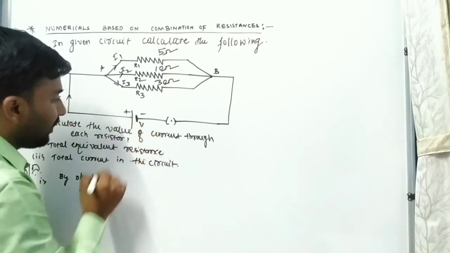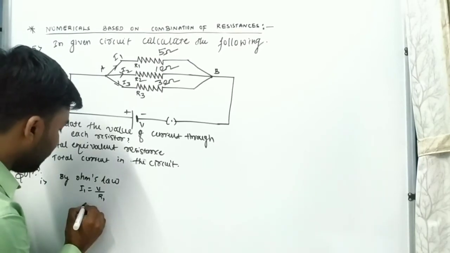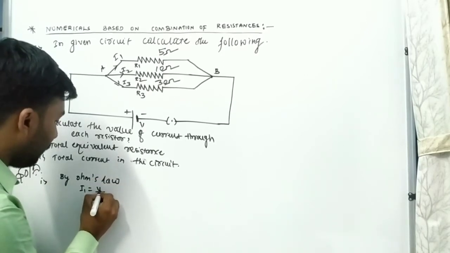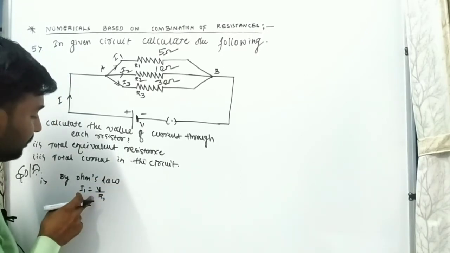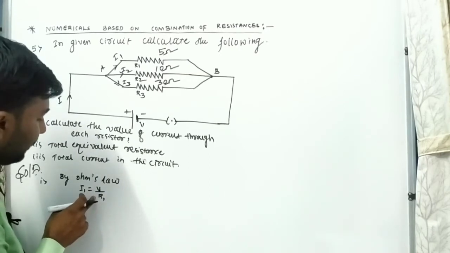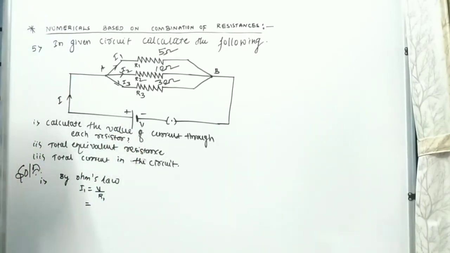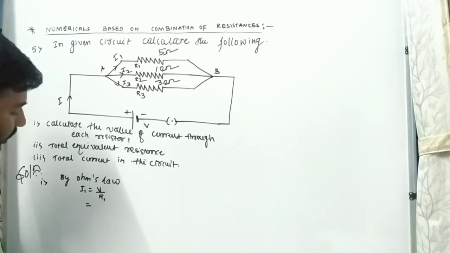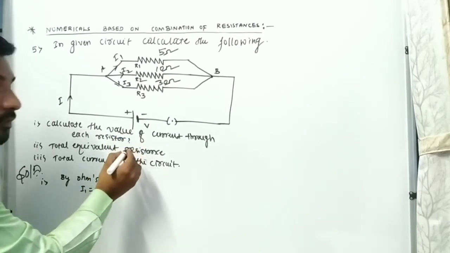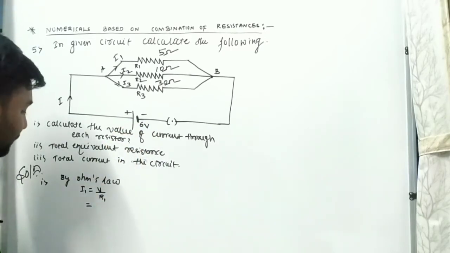Let us suppose the potential difference is V. Here we have the potential difference of 6 volt.